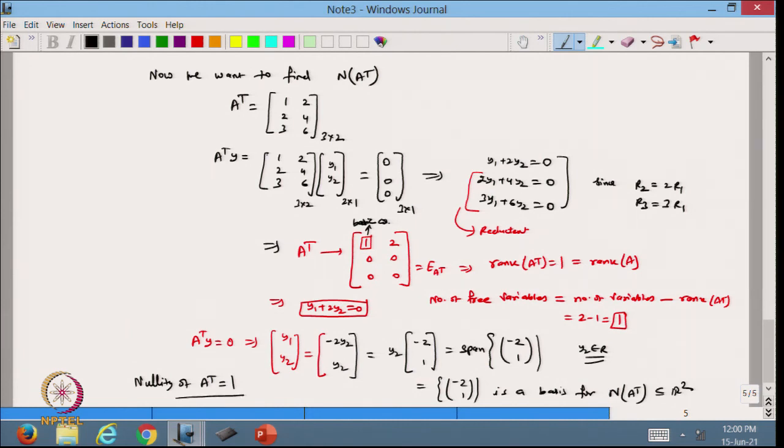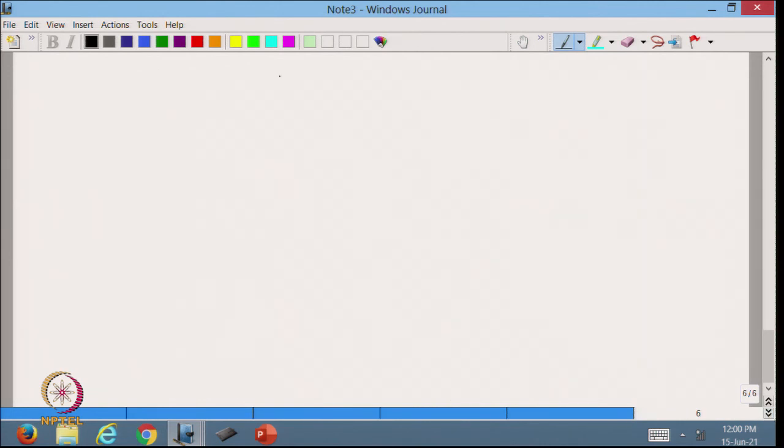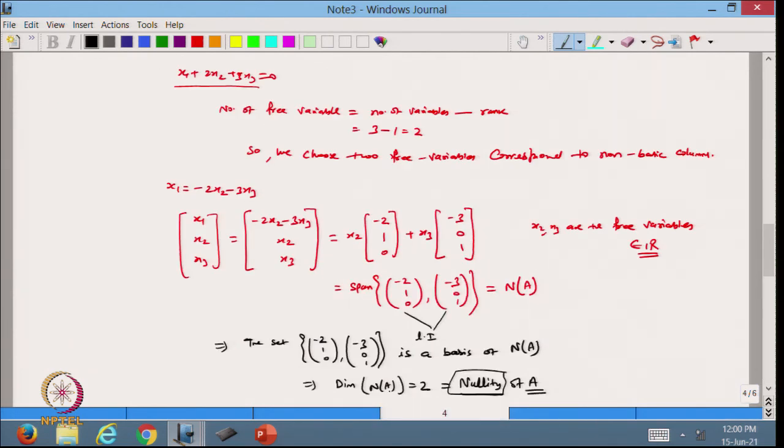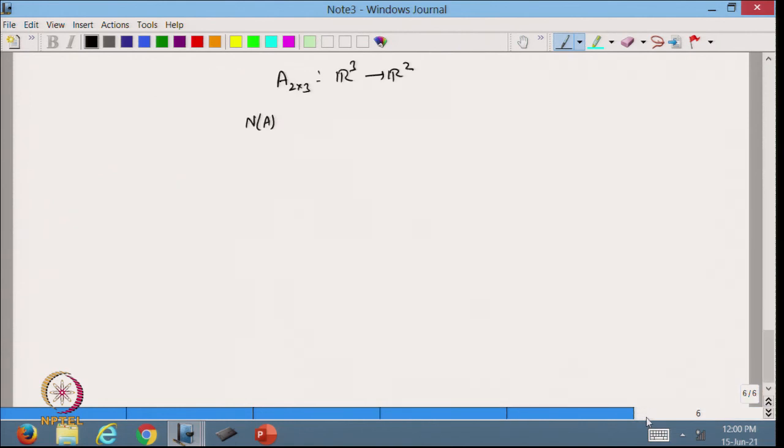Now, I have A that was my 2 cross 3. So, moving from R3 to R2, we found the null space of A, and that has dimension 2.